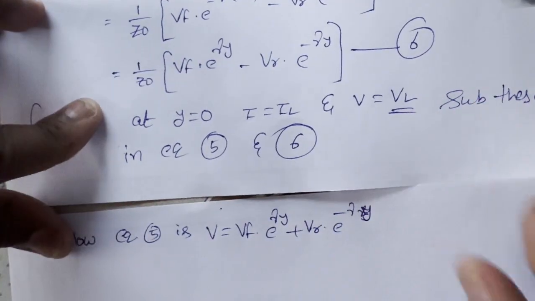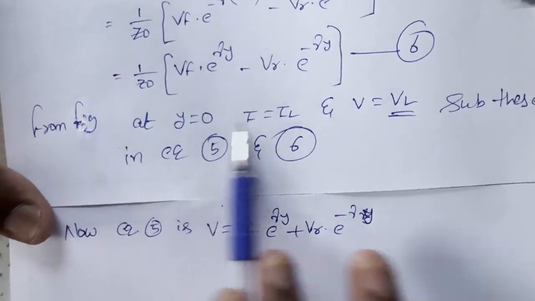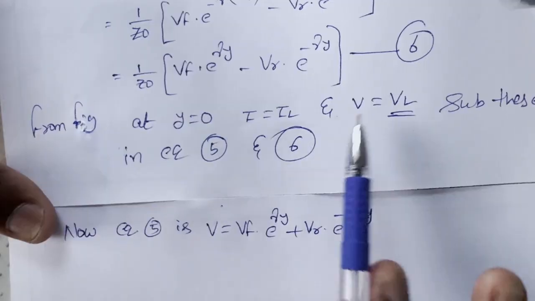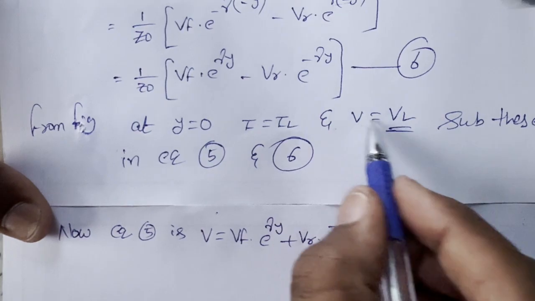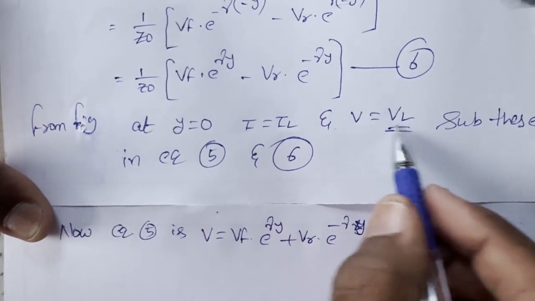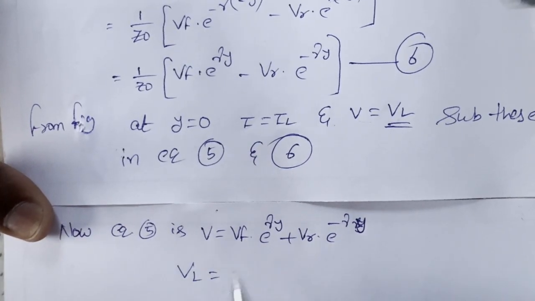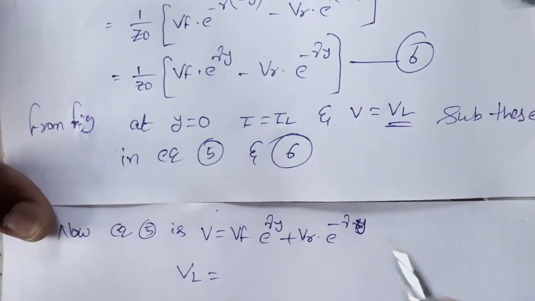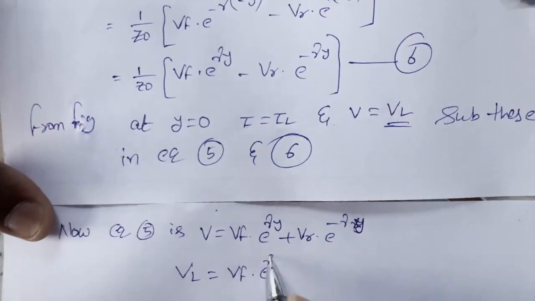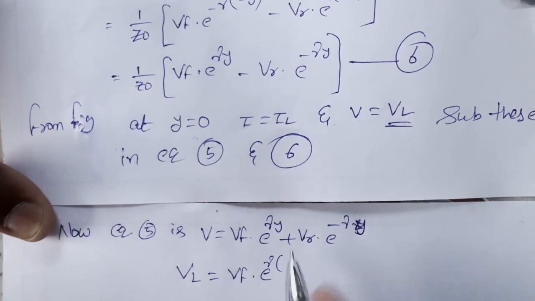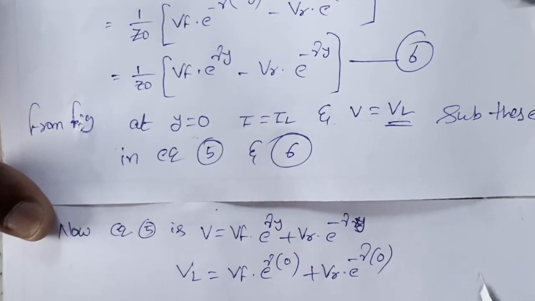Now in this equation 5, we have to substitute these values. Initially V is nothing but VL. Simply VL is equal to Vf. There is no substitution for Vf, so write it as it is. Vf into e power gamma y, with y equal to 0, plus Vr into e power minus gamma into 0.